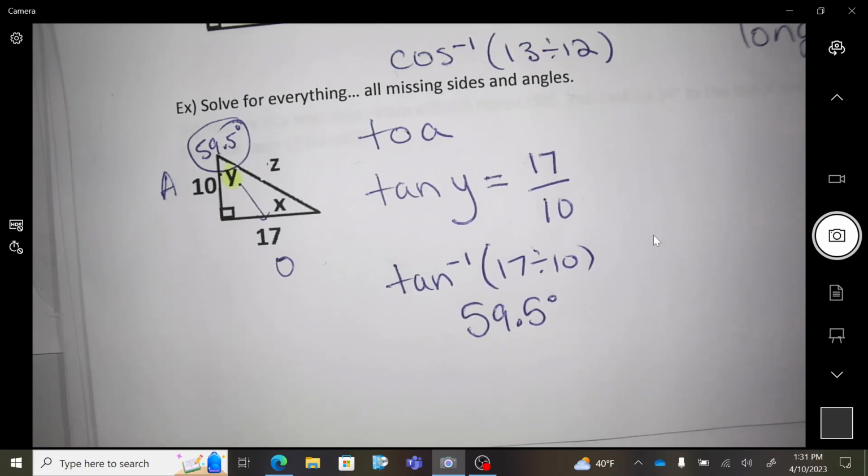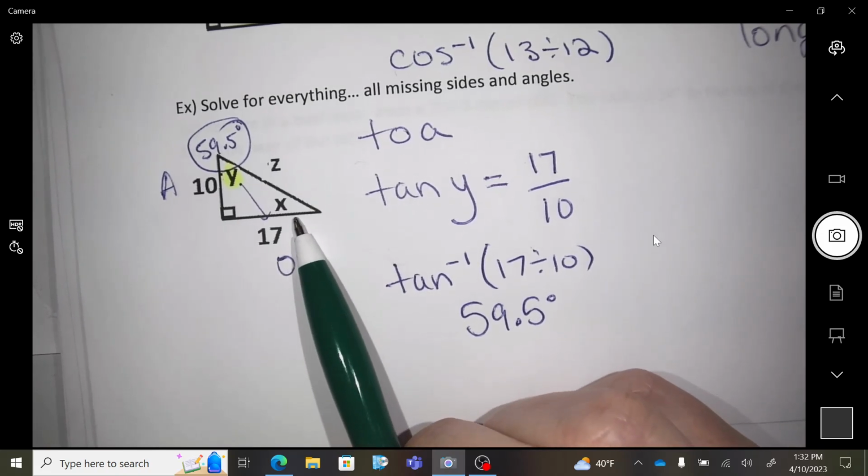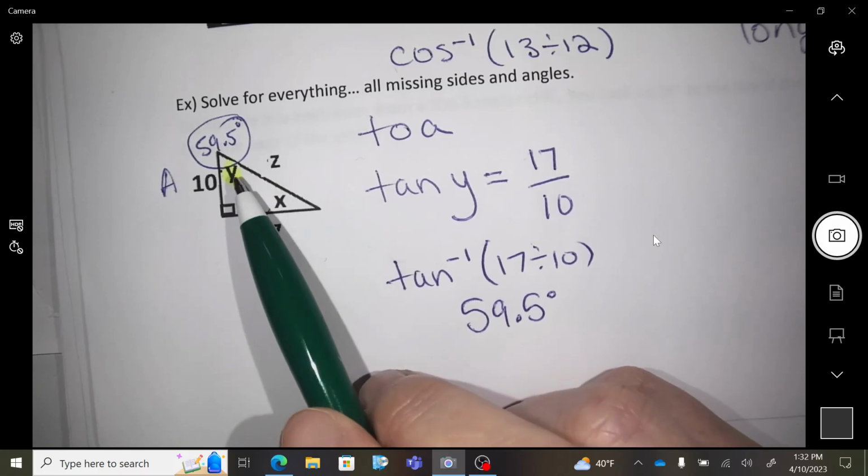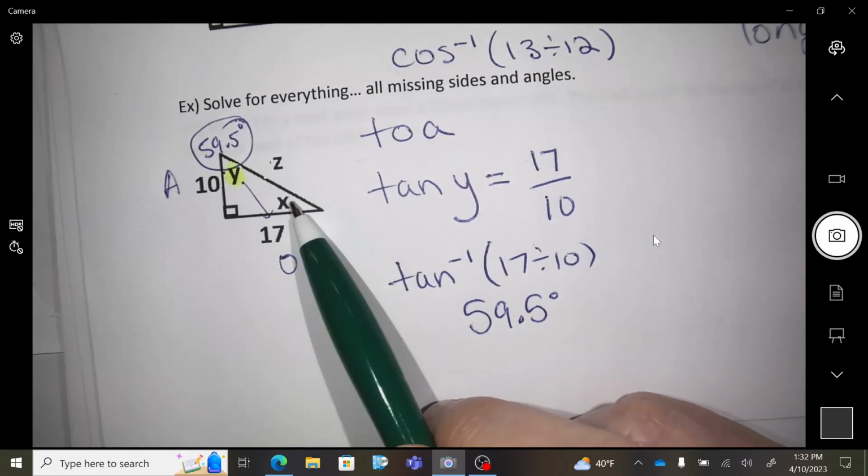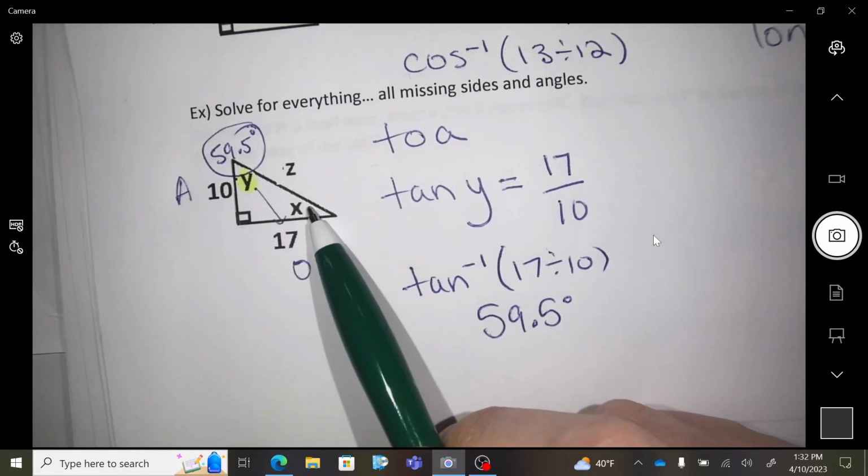Okay, I think I would like to tackle x next. What's your best method? There's lots of methods you could use. What's the quickest one to go with? Anybody see a quicker method to find x? Y plus 90. Yeah, then you need to add to 180.